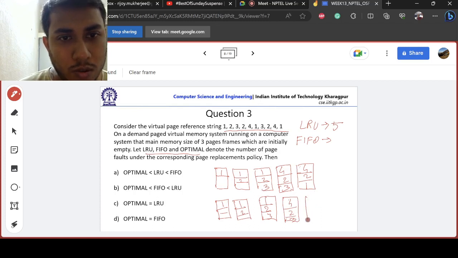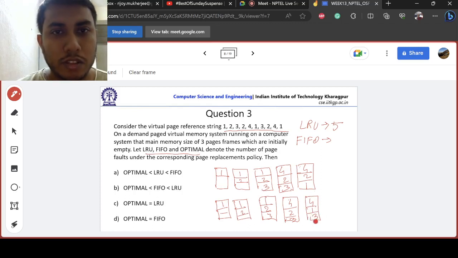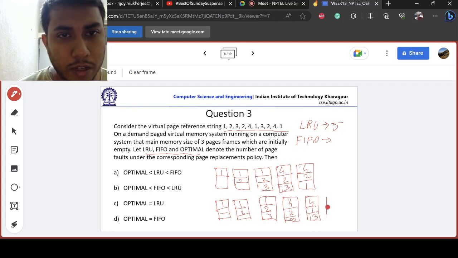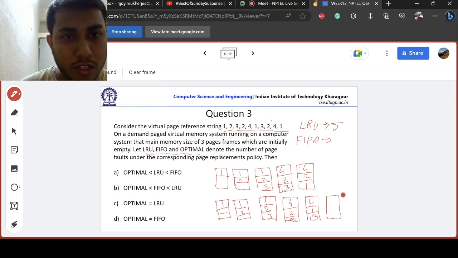Then 1 comes, and 2 will be replaced: 4, 1, 3. Then 3 is already present. Then 2 comes, and 4 will be replaced, so it becomes 4, 1, 2. So for FIFO it is 6.